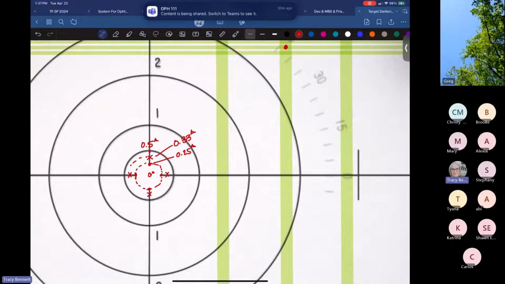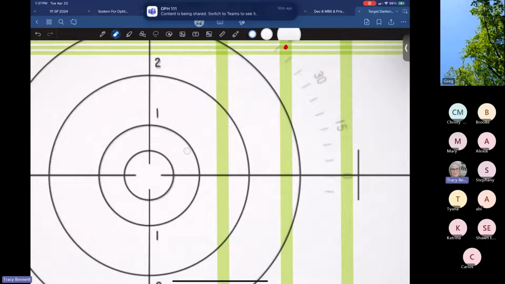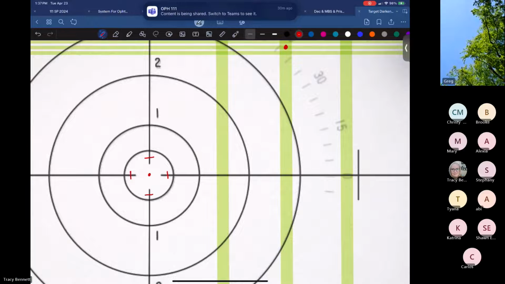So yep, all the way around here is our ANSI tolerance range. I'm going to clean this up real quick. Okay. So here's our 0 point. And basically, all the way out to here in a circle, you're within a tolerated amount. Okay. Again, because this is that 0 point.